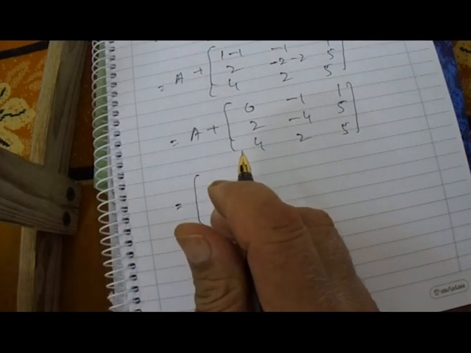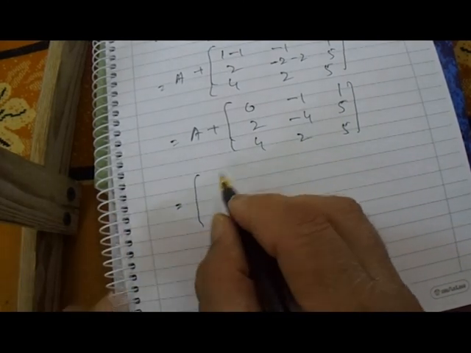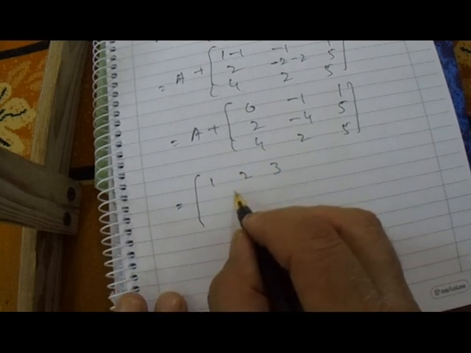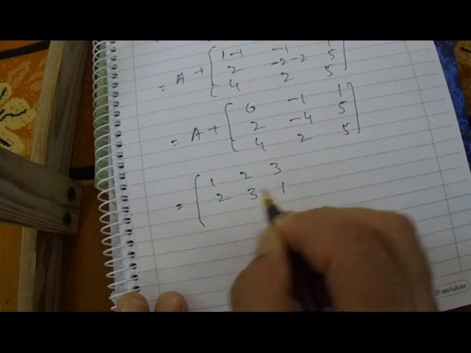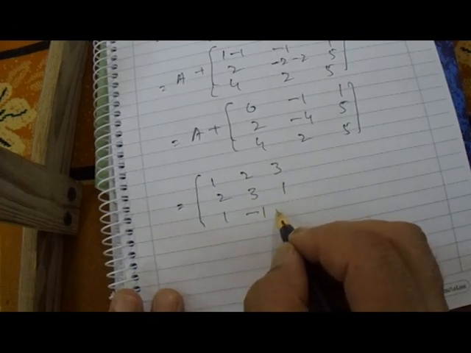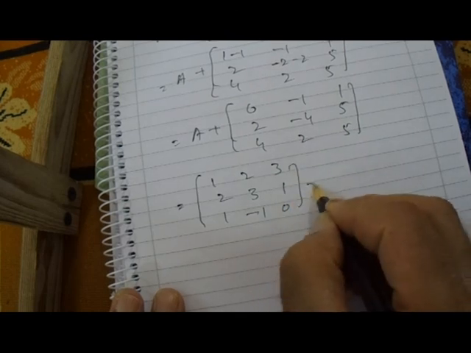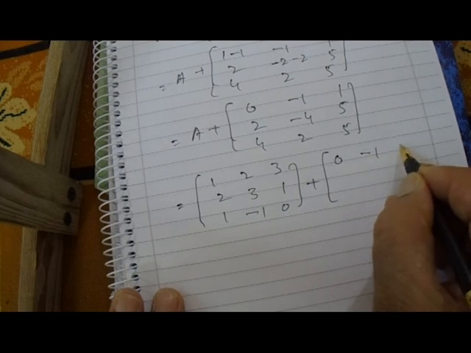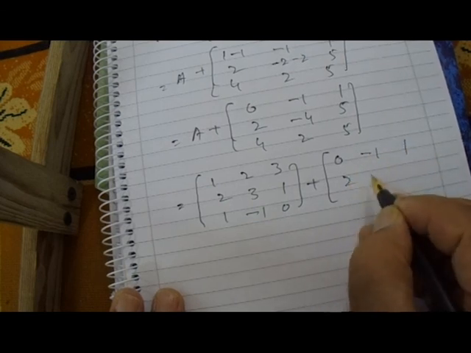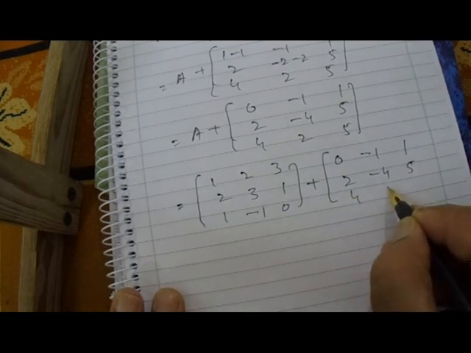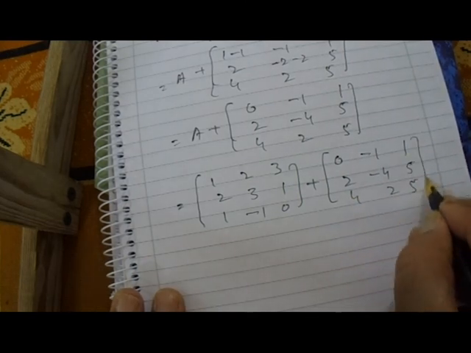A matrix is 1 2 3, 2 3 1, and 1 minus 1 0. Now this again we write 0 minus 1 1, 2 minus 4 5, and 4 2 5. Now we add.